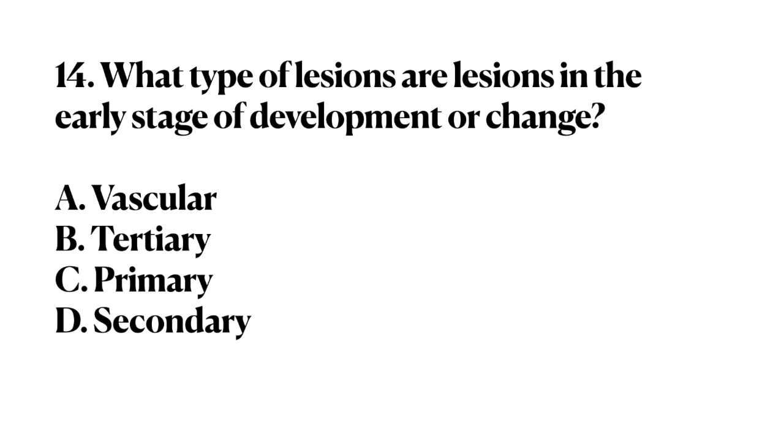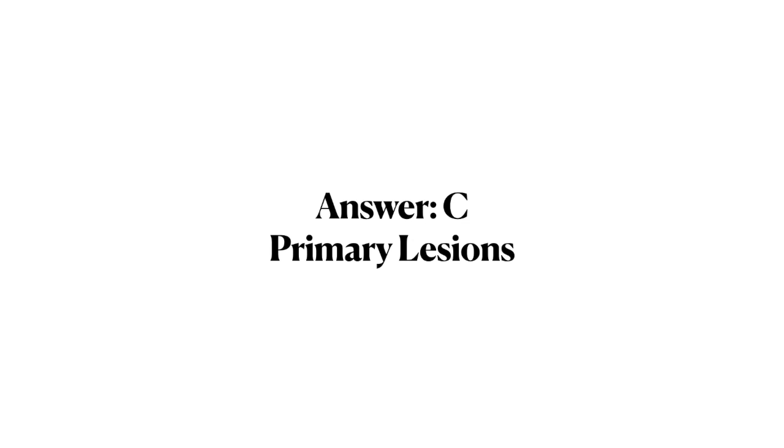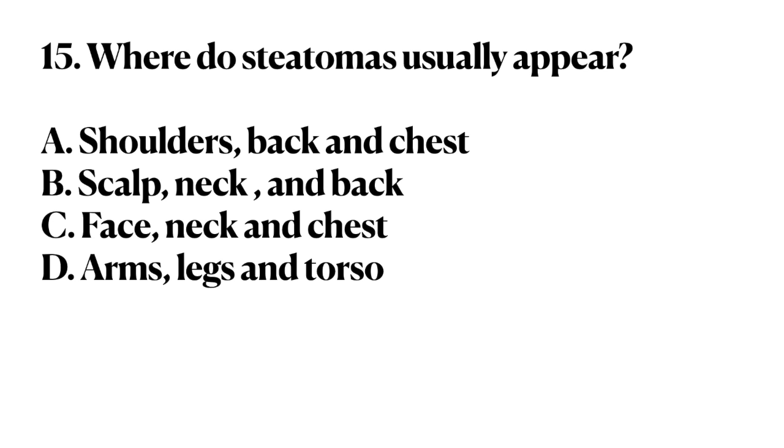What type of lesions are lesions in the early stage of development or change? A. Vascular. B. Tertiary. C. Primary. D. Secondary. Answer C. Primary lesions. Question number 15. Where do steatomas usually appear? A. Shoulders, back, and chest. B. Scalp, neck, and back.